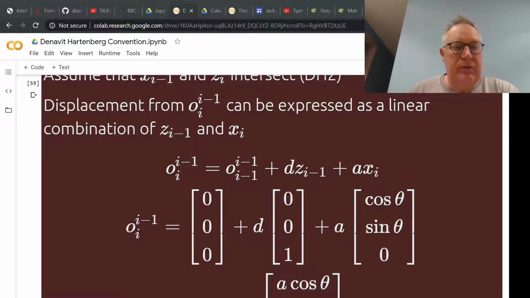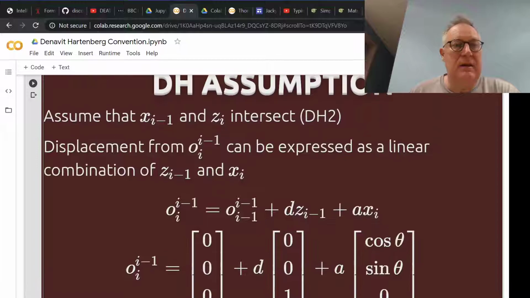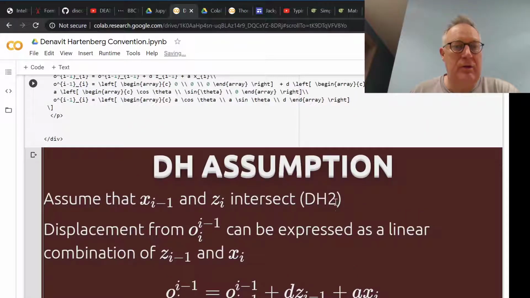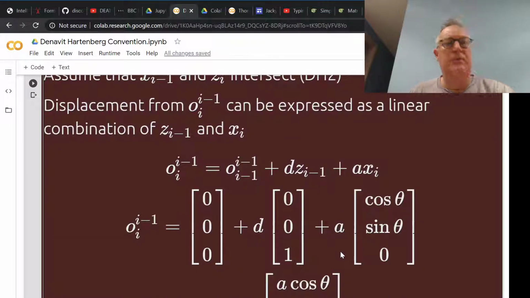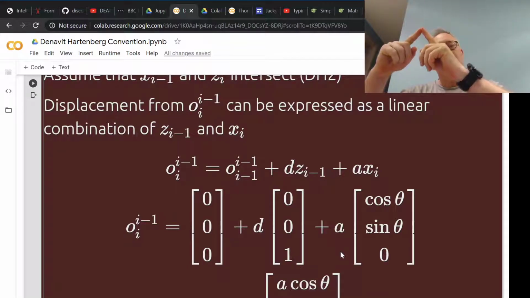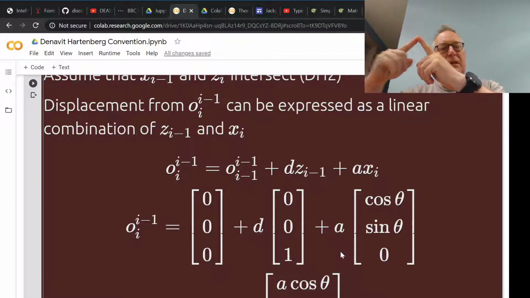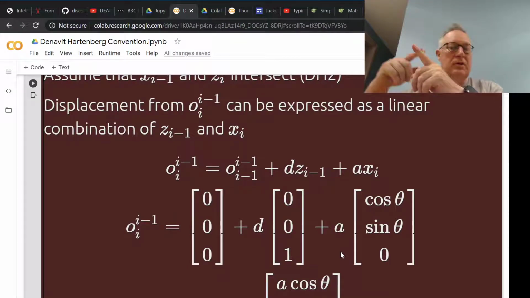So now let's have a look at what the Denavit-Hartenberg assumptions 1 and 2 give us. It means that from the previous joint to the next joint I can get there by translating along z. Then x has to be 90 degrees to z, and they have to intersect the next x. So this is joint 3, this is joint 4, x-axis, they have to intersect. So I need to go from joint 3 along z until I hit that intersection point.